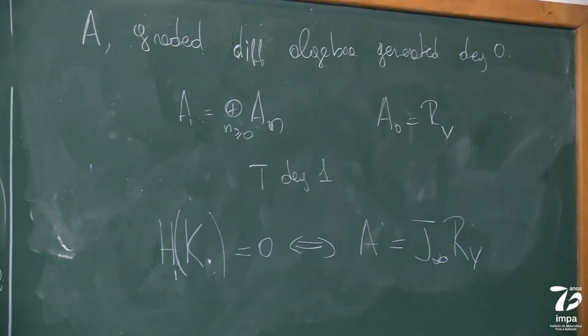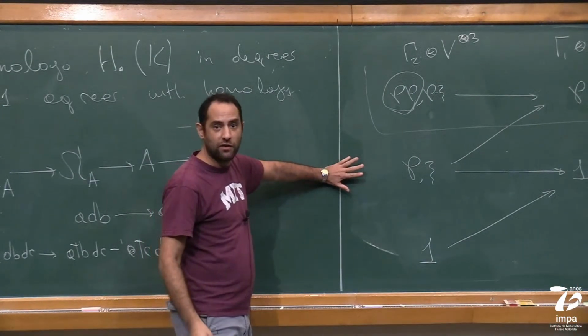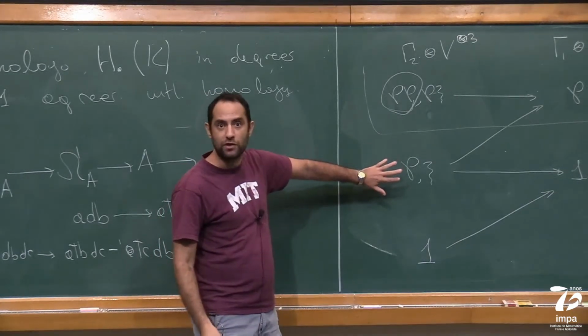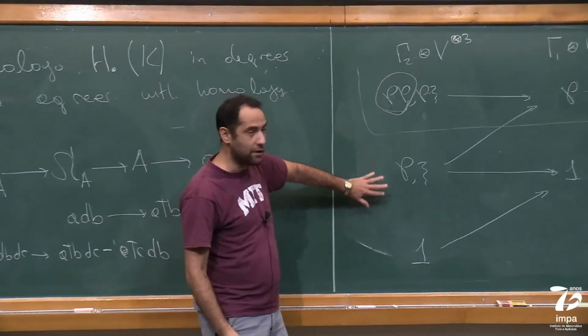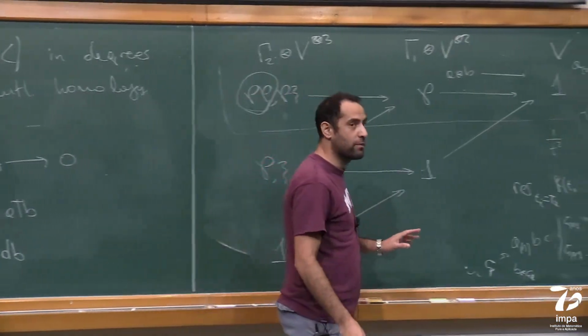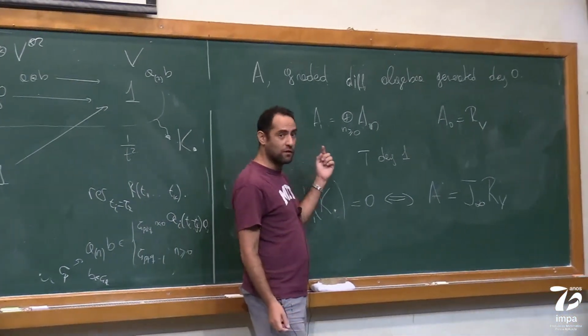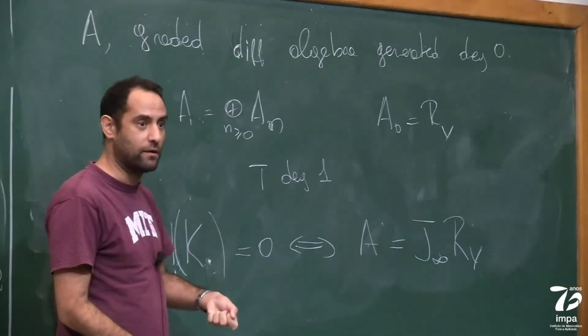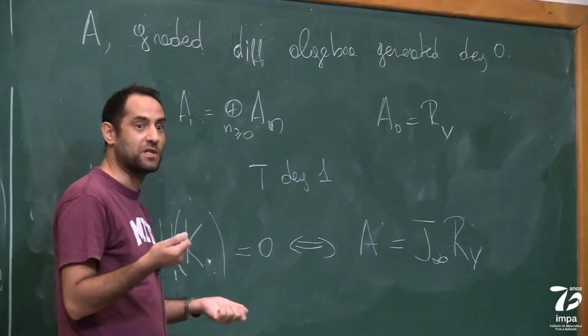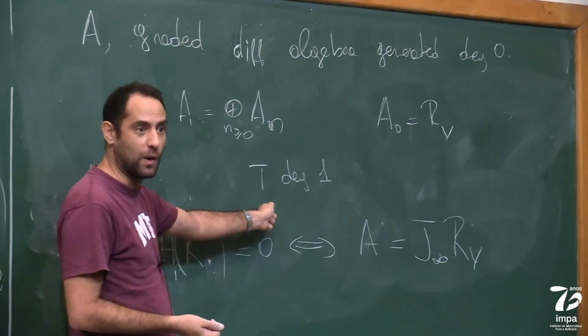So A appeared in our picture as the associated graded with respect to the least increasing filtration, where T is of degree 0. So I'm using here a theorem of Tomoyuki that says that A is isomorphic as a Poisson vertex algebra with the one coming from the leaf filtration, which is decreasing, where T is of degree plus 1.